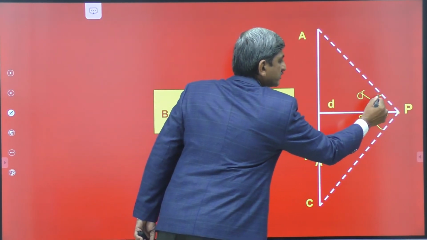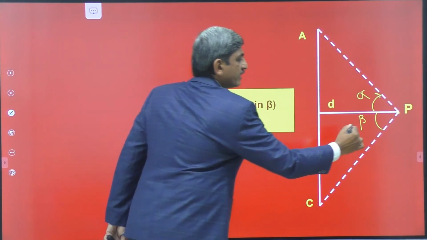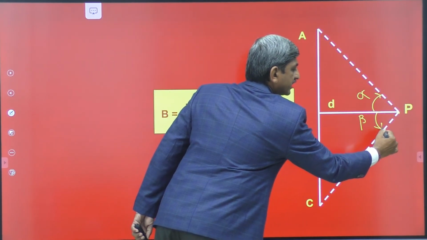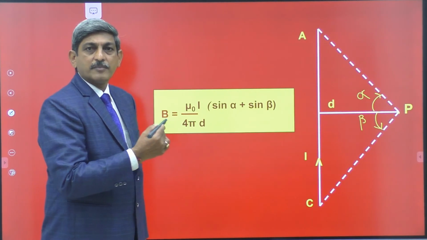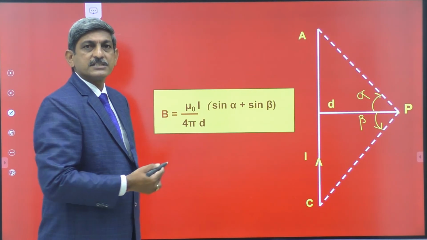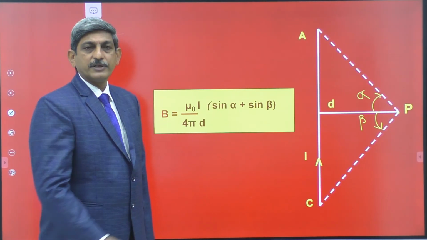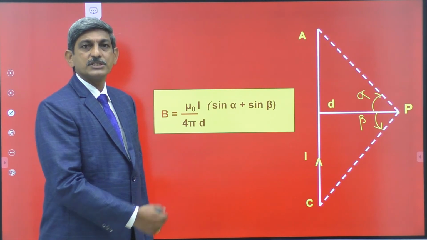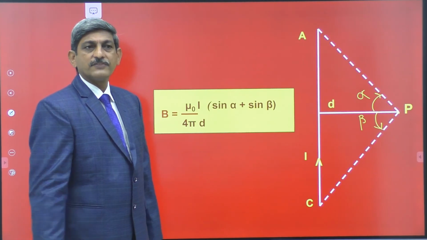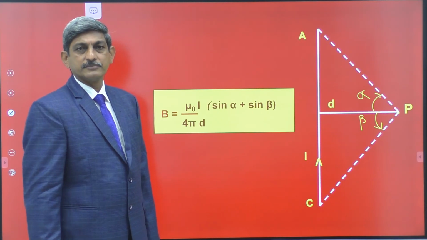This alpha value must be measured in the clockwise direction and the beta value must be measured in the anti-clockwise direction. By substituting the alpha and beta values and the distance for the given finite wire, we can determine the magnetic induction by using this formula. This is the general formula. Using this formula, for any length of the wire, for any distant point, we can determine the magnetic induction value.